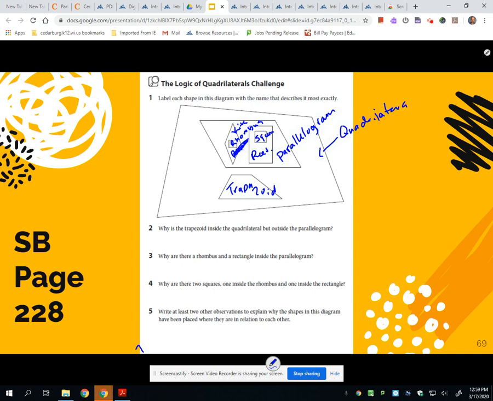Talk about and discuss in your mind or with somebody around you why a trapezoid is inside the quadrilateral but not in the parallelogram. Pause the video. It's not inside the parallelogram because the trapezoid does not share the properties of a parallelogram.